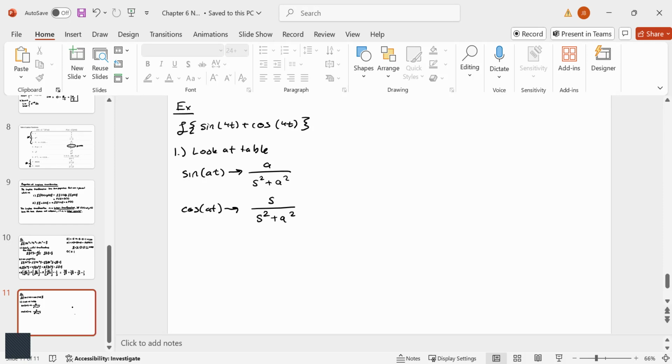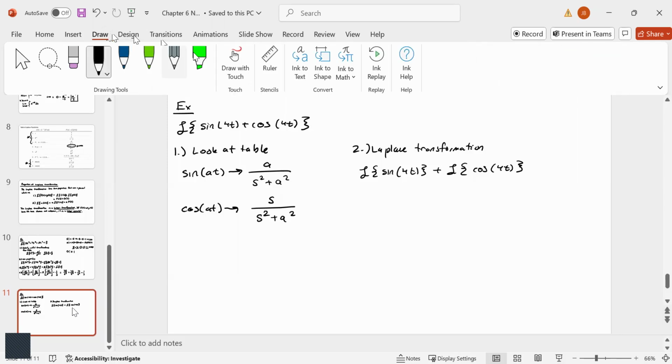All right, step two, Laplace transformation. So the Laplace transformation of sine of 4 times t plus the Laplace transformation of cosine of 4t is going to be equal to, so you need to identify what a is, right? So you notice that a is right here.